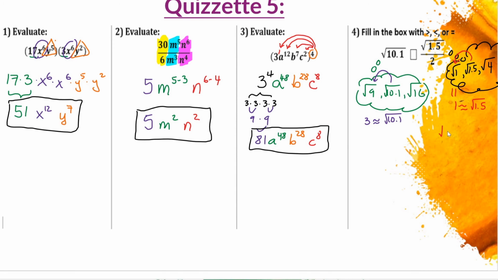The problem was the square root of 1.5 divided by 2, so that will be 1 divided by 2, which is 0.5. One side is roughly 3, and the other side is roughly 0.5. Now it's more obvious that 3 is bigger than 0.5. So the square root of 10.1 is bigger than the square root of 1.5 divided by 2.